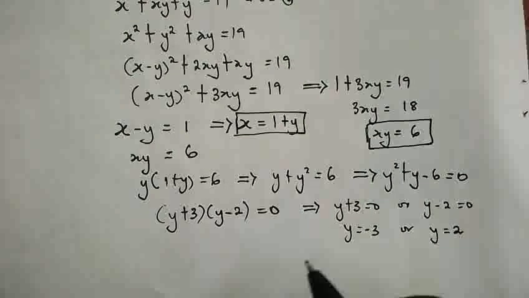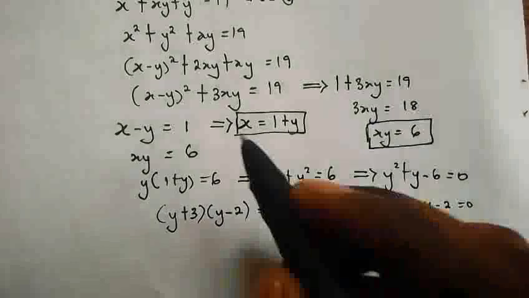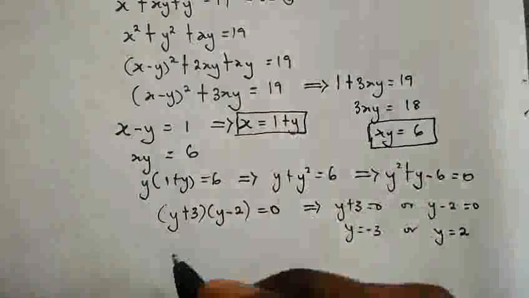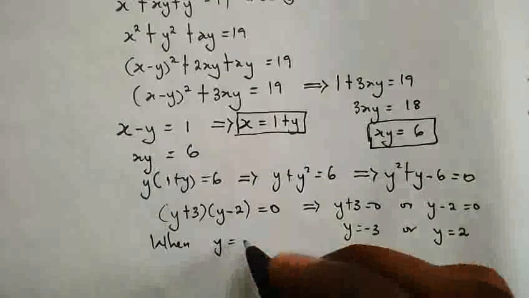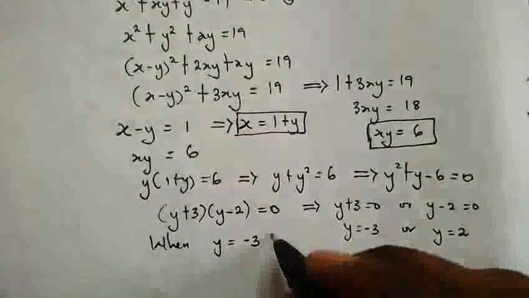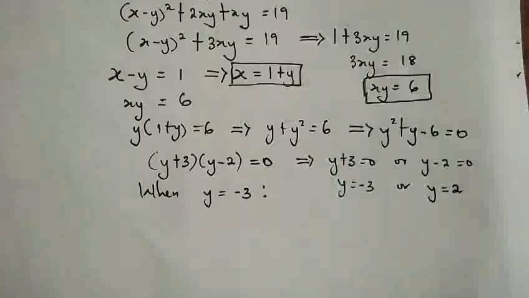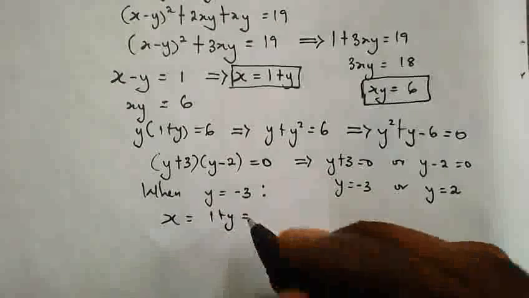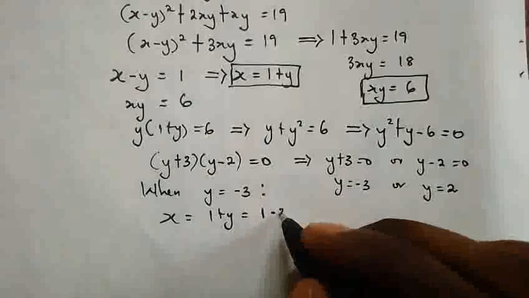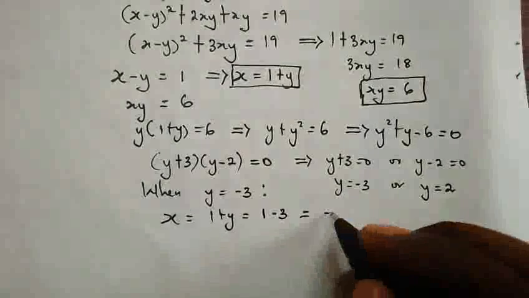Now let us solve for x. Recall that x is equal to 1 plus y. So when y is equal to negative 3, then x is equal to 1 plus y, which is 1 minus 3, and this is equal to negative 2.